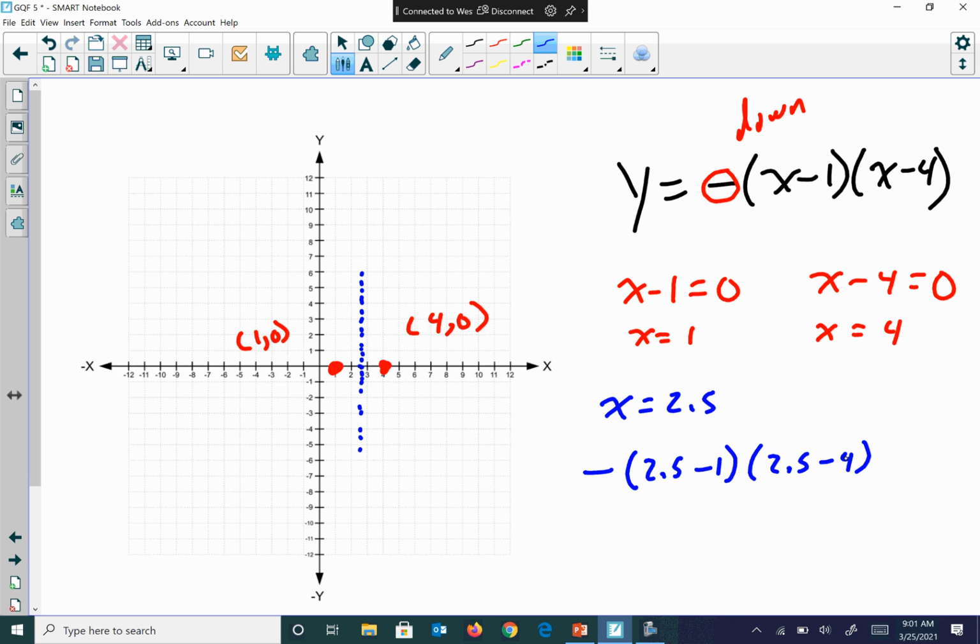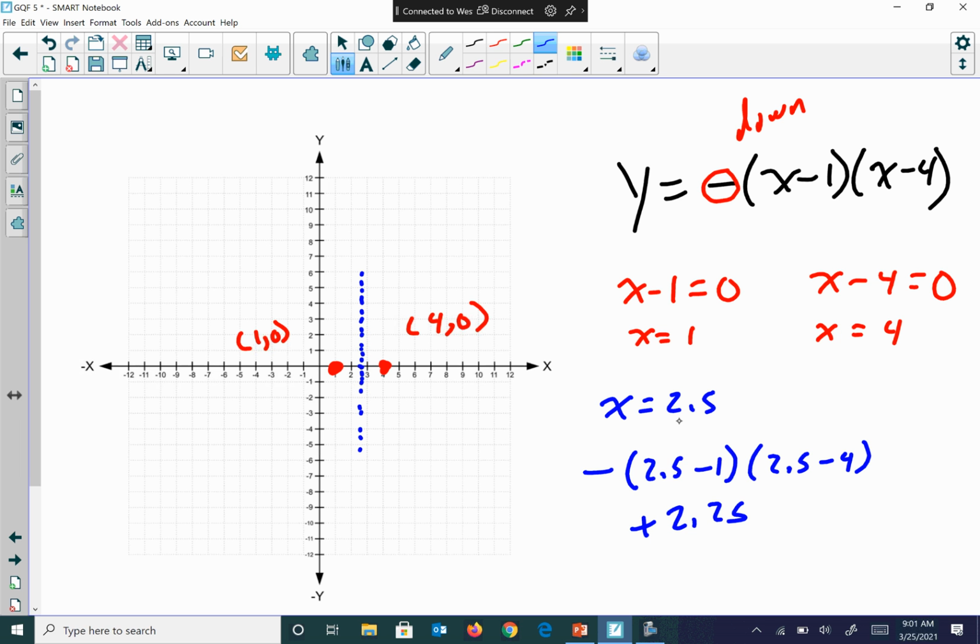We got a calculator. Negative parentheses 2.5 minus 1 parentheses 2.5 minus 4 close parentheses. Positive 2.25. So hang on.